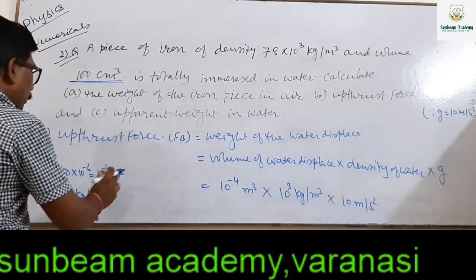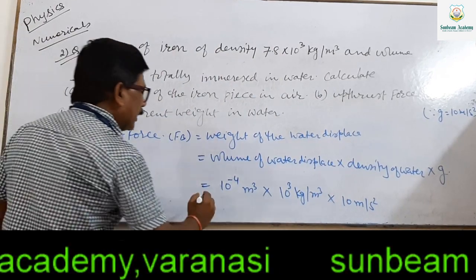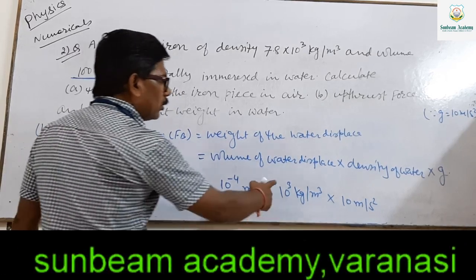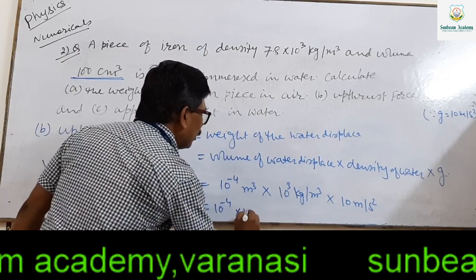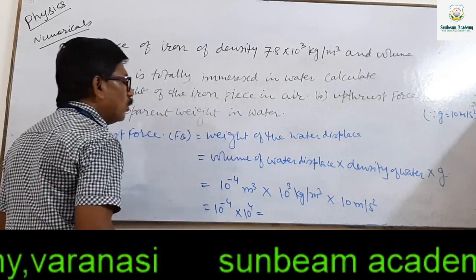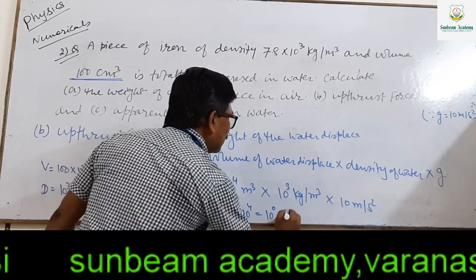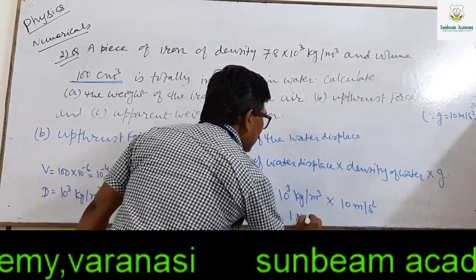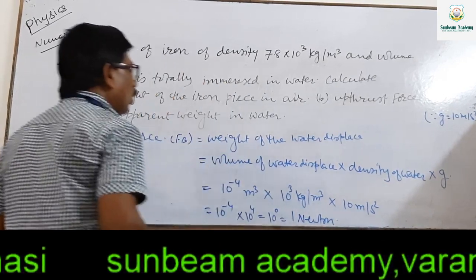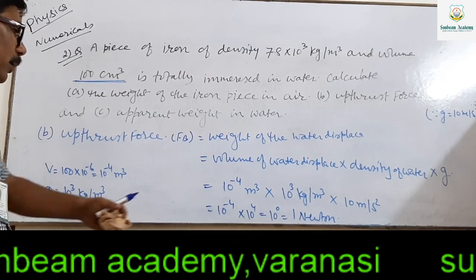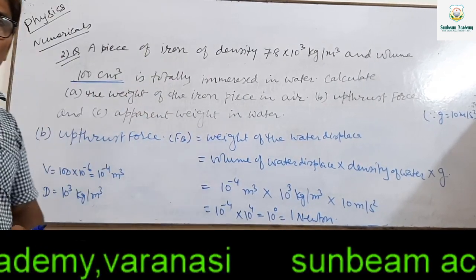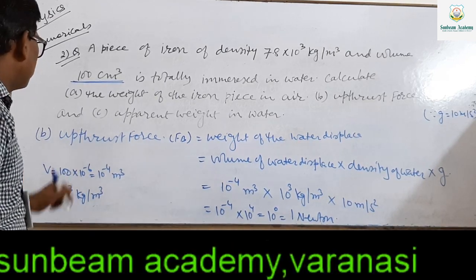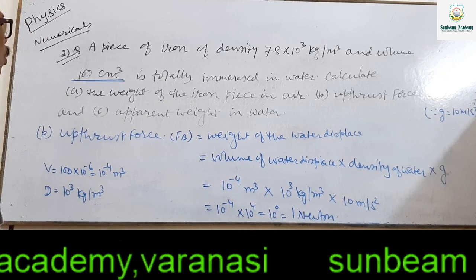Now the value: 10 to the power minus 4, 10 to the power 3 and 10 to the power 1, that is 10 to the power 0, which is equal to 1 Newton. Any numeral having power 0 has the value 1. So upthrust force is 1 Newton.